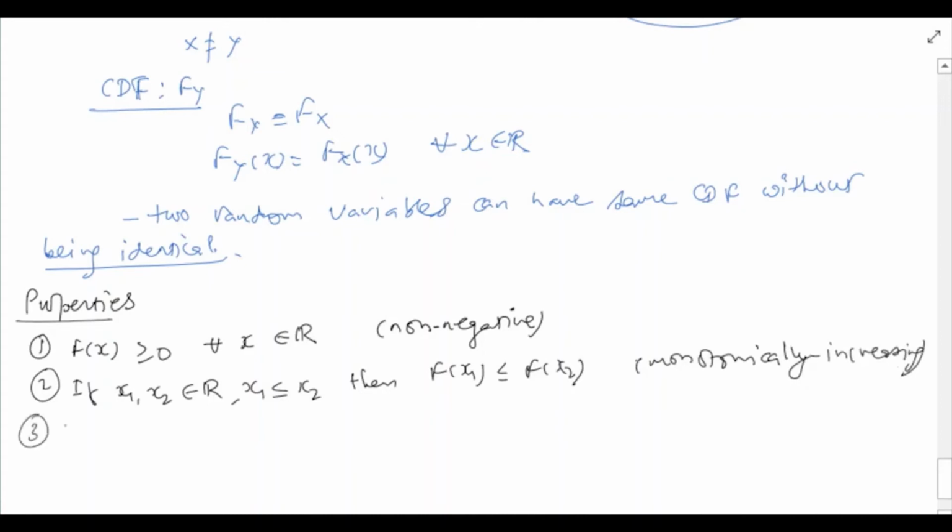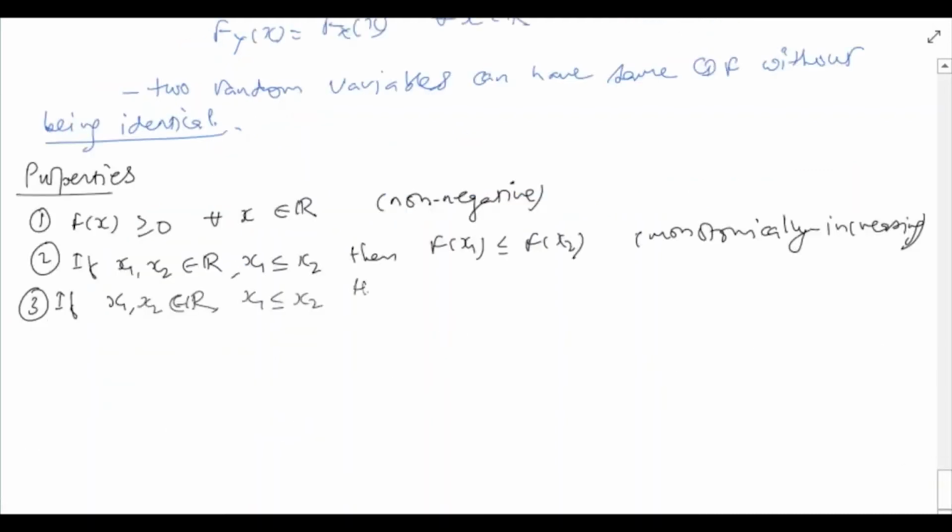The third property is, if, as in the second property, x1, x2 are real numbers and x1 is less than or equal to x2, then probability that the random variable X will be between x1 and x2, that is, probability that X will be greater than x1 but less than or equal to x2, will be F(x2) minus F(x1).